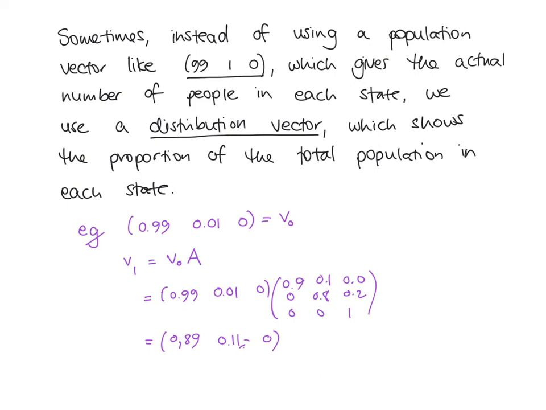So you get exactly the same information, just in terms of what proportion of the population rather than the exact number. Of course, if I told you that, for example, the population total was 1,000, then you could use that to work out the exact number in each state.